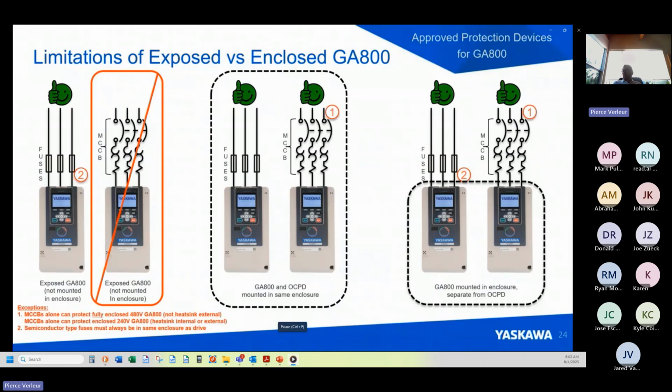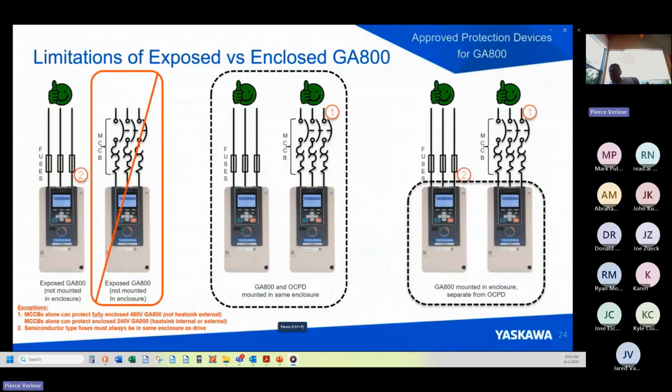However, there is an exception, and as I mentioned before, if we look at item number 2 there, when the fuses are actually semiconductor type, then they must actually be in the same enclosure. Okay.